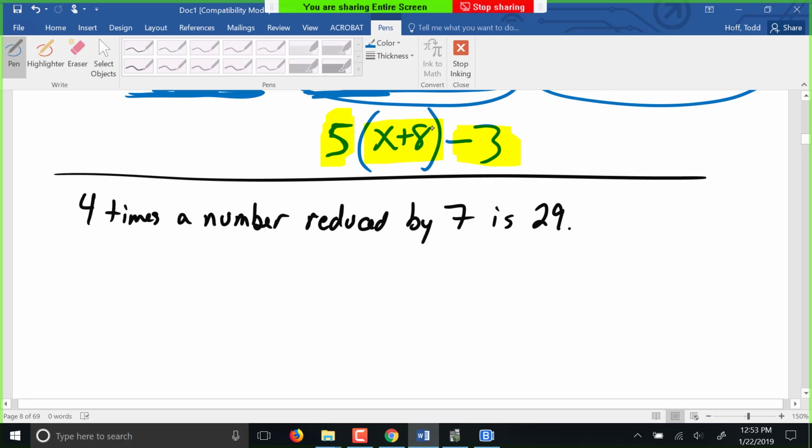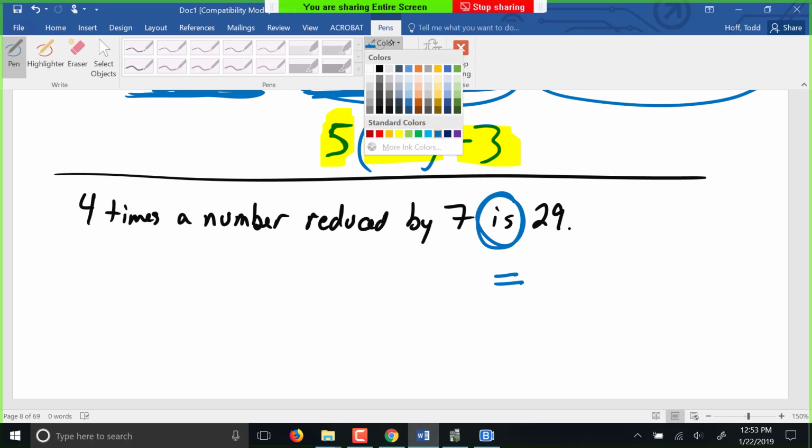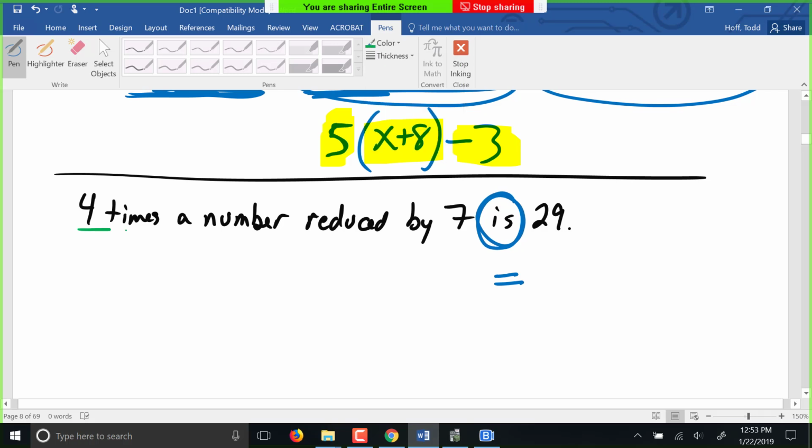So as we look at that, now this is where you said you saw that word is before, and in this case it does mean that. What does is mean? Equals, good. So what's on one side of it has the same value as what's on the other side. So let's look at what's before the is, or before the equals. 4 times a number reduced by 7. How do we write that? 4x minus 7. Very good. Then the other side is simply 29. Good.